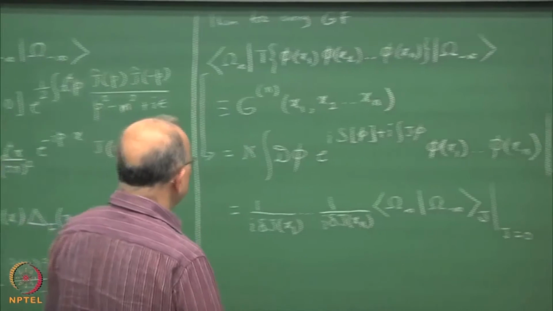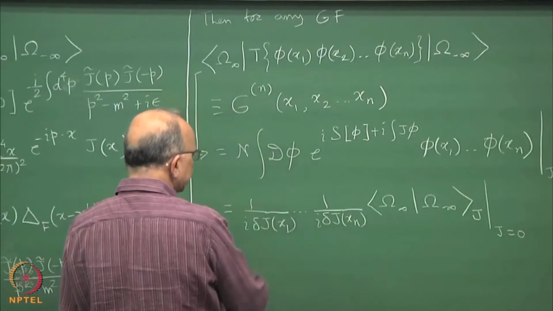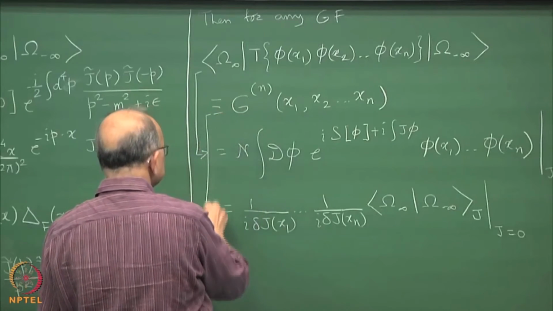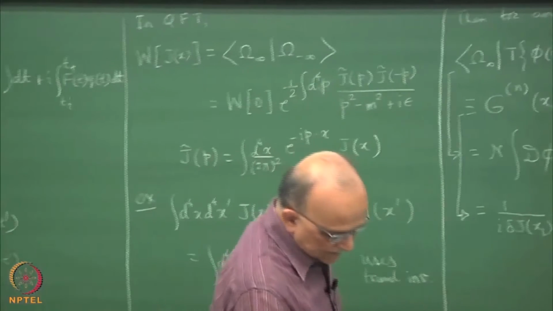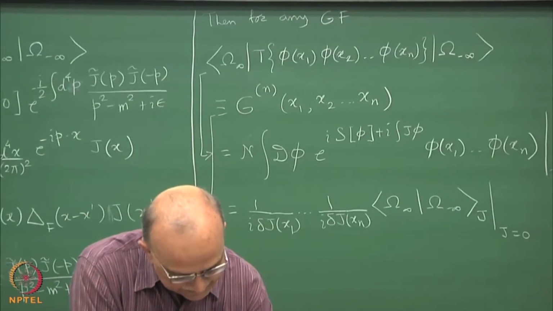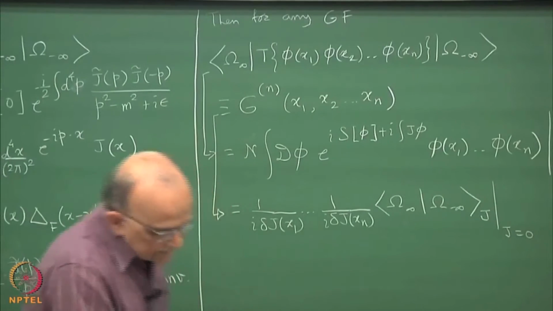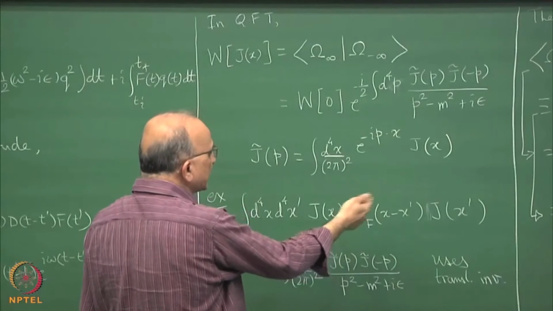And so this is what we finally say is our Green's function. Gn is this. So this is how far we got, and then we check that this delta F emerges more or less automatically.